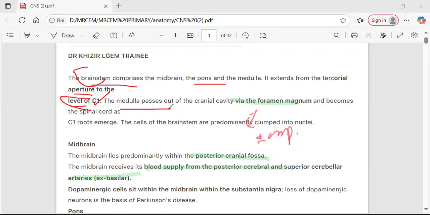The medulla enters the cranial cavity via the foramen magnum, and at the level of C1 it becomes the spinal cord. So that's important: the brainstem extends from the tentorial aperture to the level of C1, and the medulla passes through the foramen magnum.